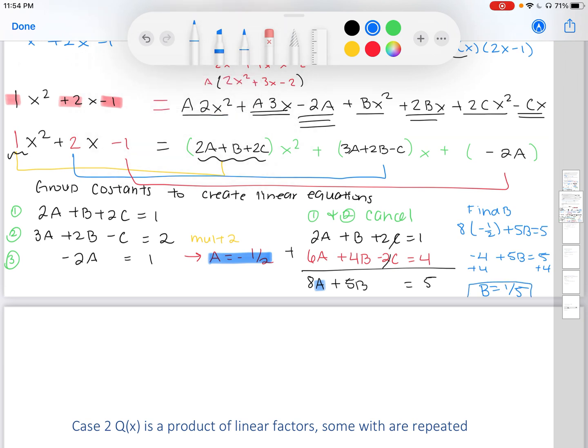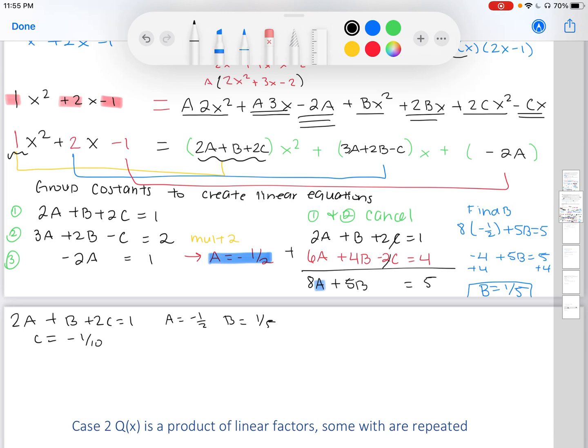We know A is negative 1/2. Plugging those back into our first equation, we have 2A plus B plus 2C equals 1. We said that A is negative 1/2. B is 1/5. So C, once we plug those in, C is left to be negative 1/10.